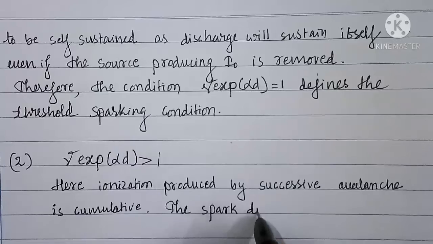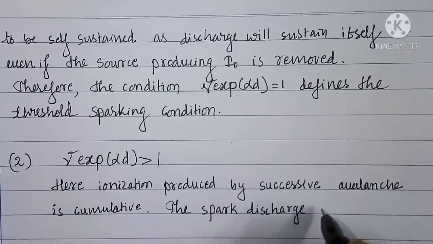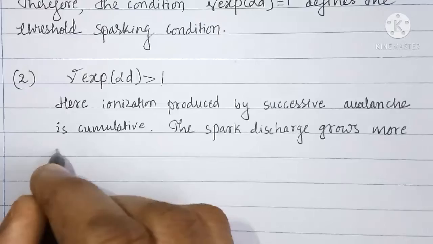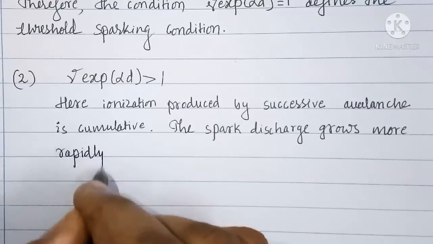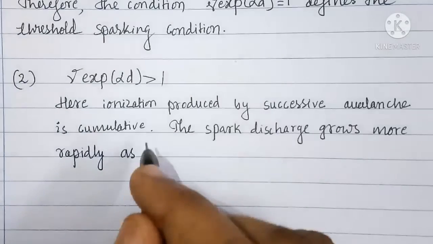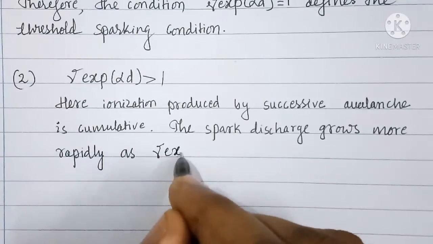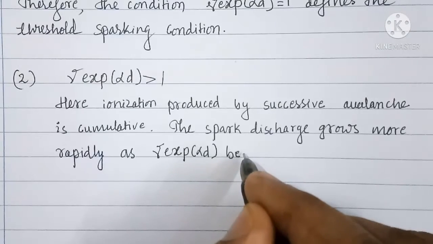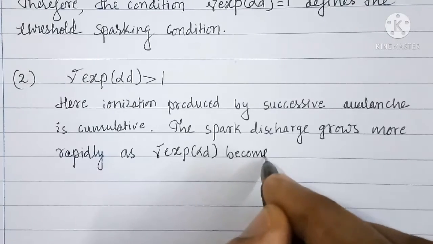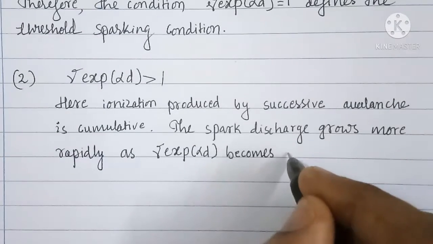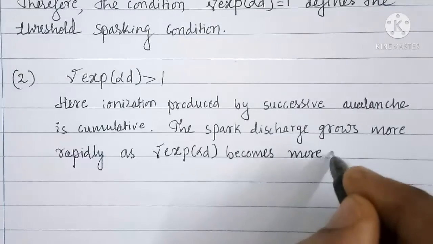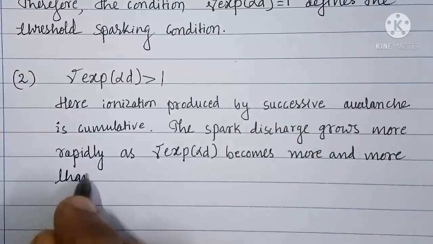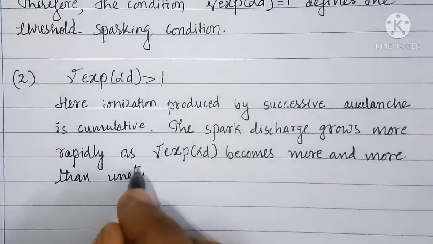The spark discharge grows more rapidly as gamma into exponent of alpha d becomes more and more than unity.